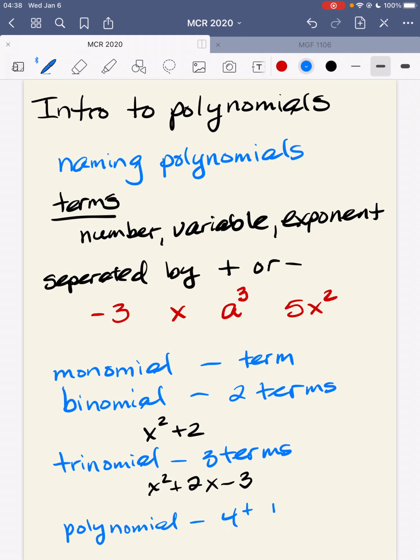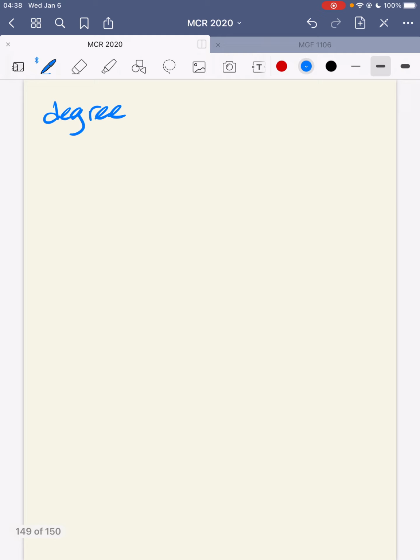So 4 plus terms. And they don't get special names anymore. When we're talking about the degree of a polynomial, we are looking at its largest exponent.